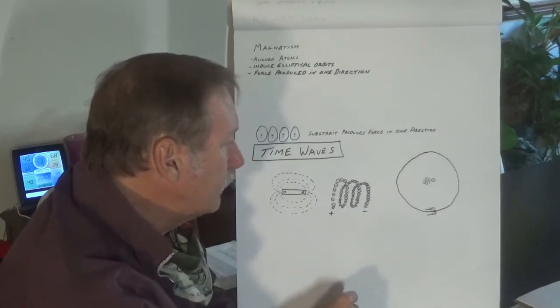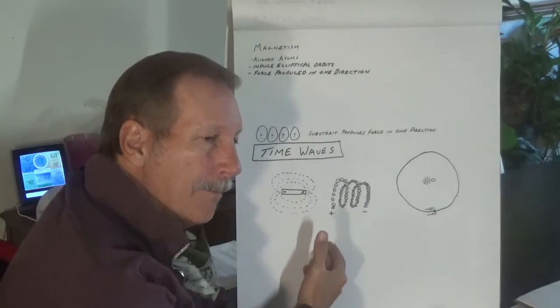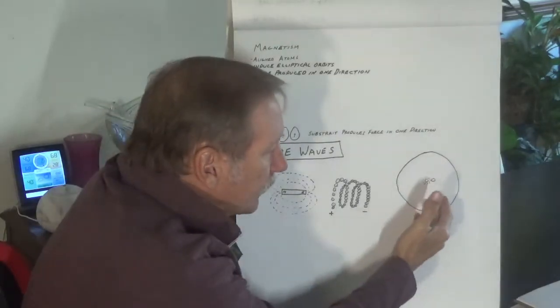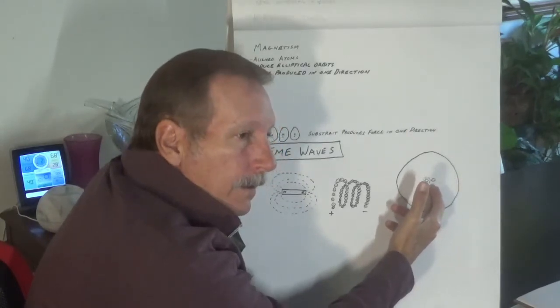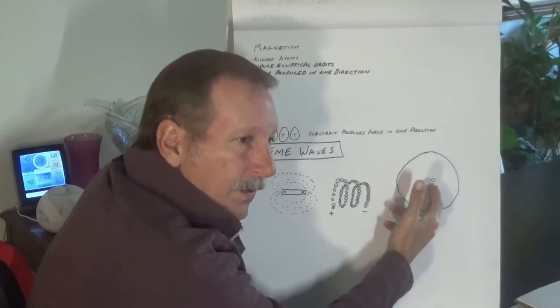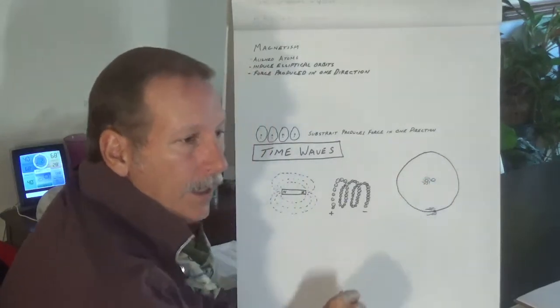So we've got electricity, we've got magnetism, and the strong nuclear force is actually tied, I think, to the fact that your spacing is going to zero.